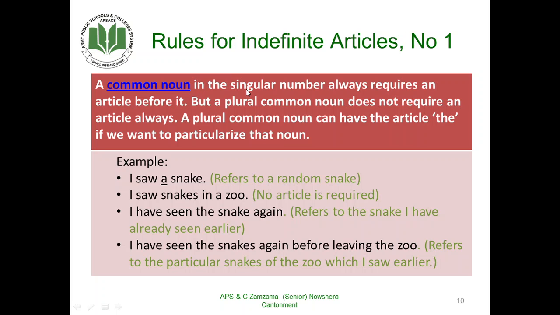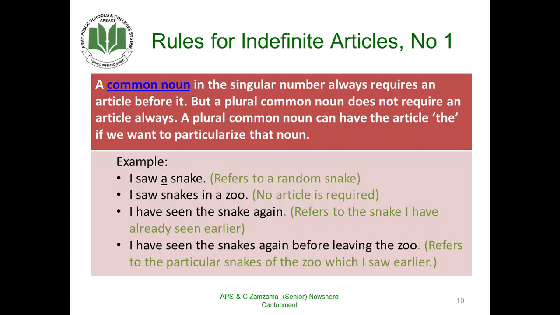A common noun in the singular number always requires an article before it. You know very well about the common noun, as in the previous video I told you about common noun and proper noun. Common noun is a random noun, so table, chairs, these are all common nouns. So it will always require an article before it when it is singular in number.